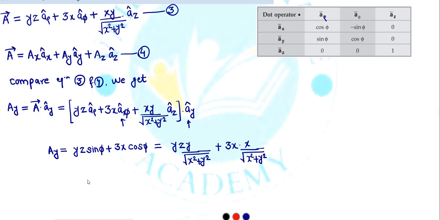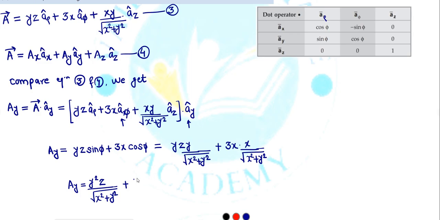Okay, so from this we have that Ay is equal to yz into y. So that will be y square z divided by square root of x square plus y square, plus this 3x into x.